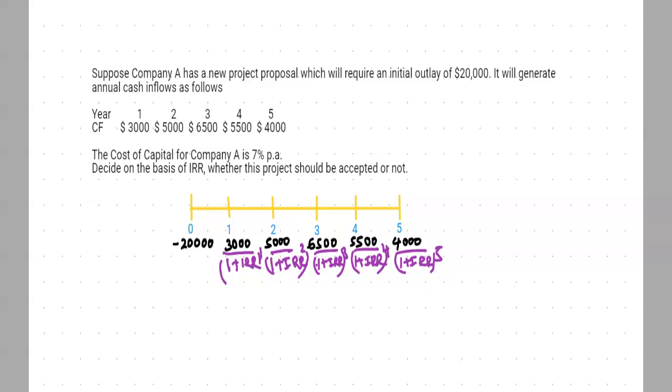For year 1, it is 3,000 divided by (1 plus IRR) to the power 1. For year 2, it is 5,000 divided by (1 plus IRR) to the power 2, and so on. The year 0 cash flow is already at its present value, and then we calculate the present value of the other cash flows.